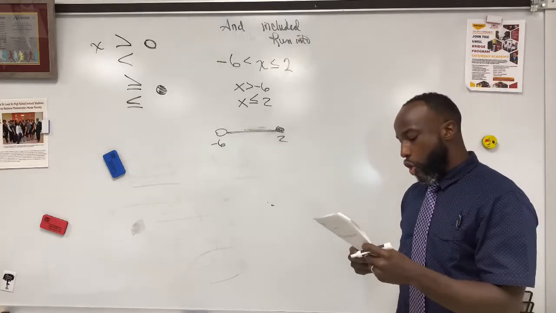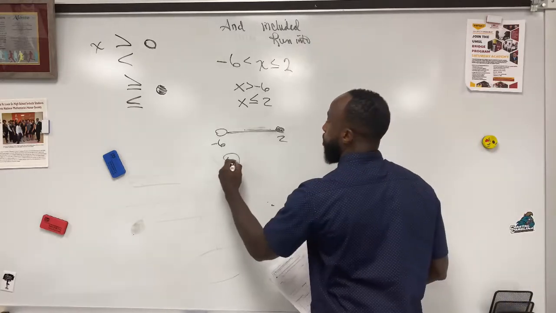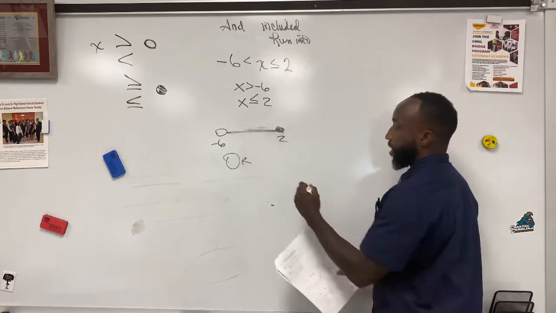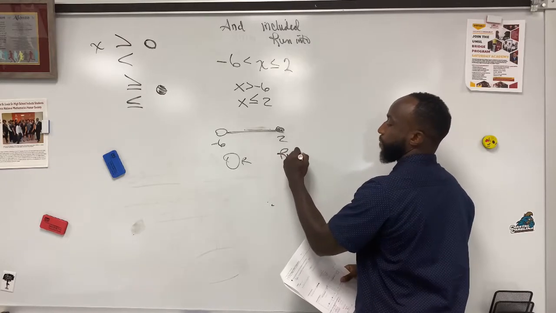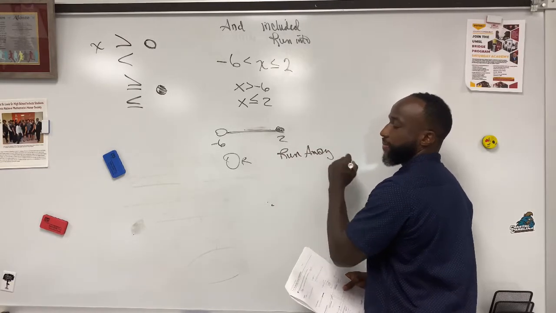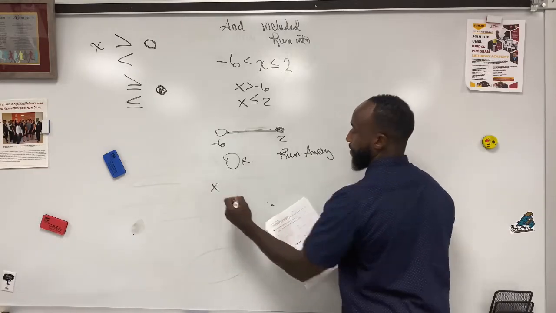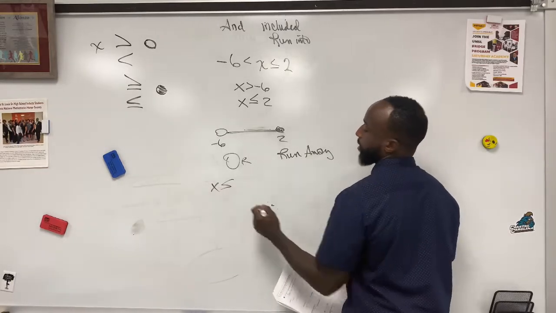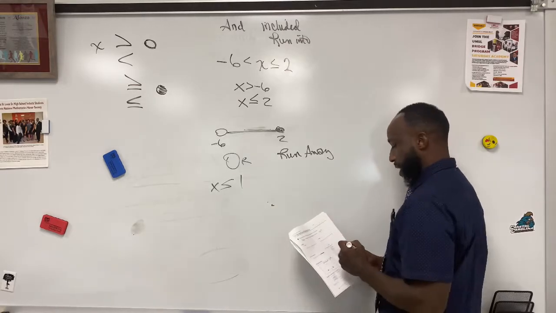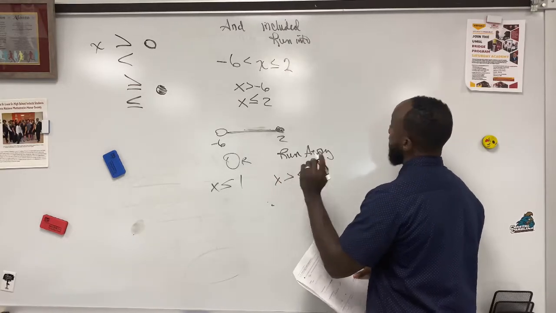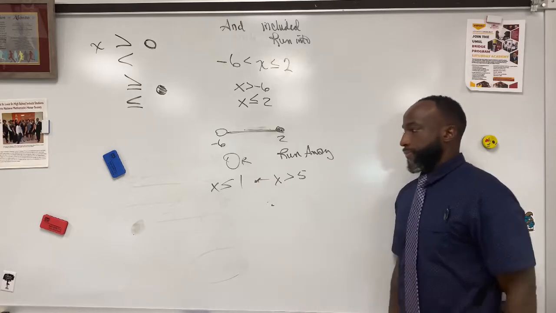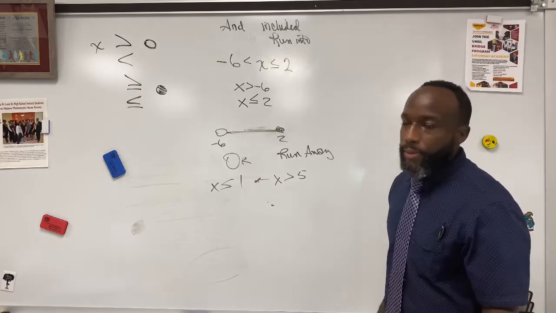Let's look at an or inequality. For or inequalities, they are running away from each other in opposite directions, right? So you'll have, for this example, x is less than or equal to 1, and x is greater than 5. Not and, it's or. You'll graph it on the same number line.